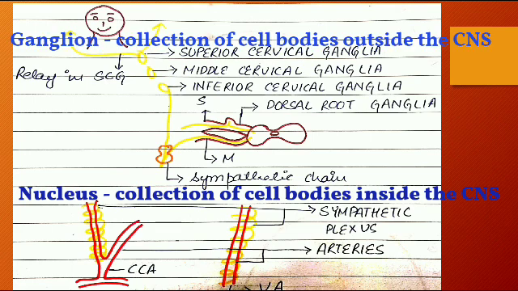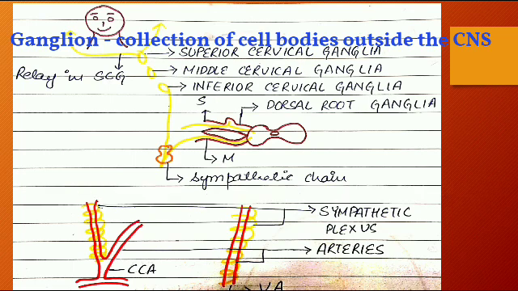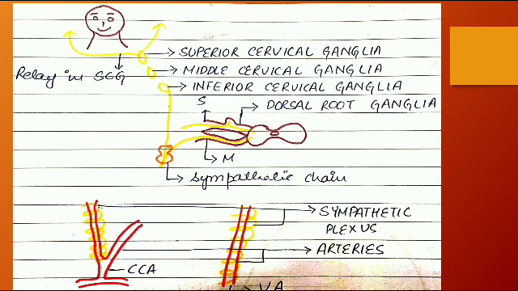But if the same cell body collection is present outside the CNS, it is called a ganglion. So these three, superior, middle, inferior, these three collections of cell bodies are present outside the CNS, hence they are called ganglia. But if these cell bodies had been present within the central nervous system, what would it have been called? Yes, of course it would have been called a nucleus. Now we are clear here.